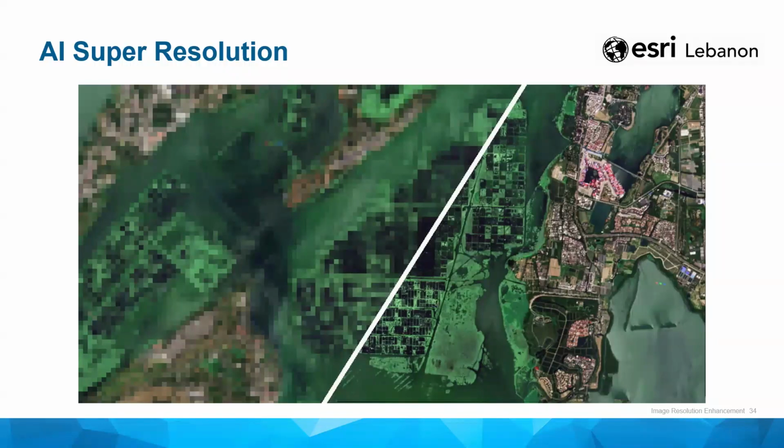On the right is the output from an AI super resolution model trained on high quality images. It takes that same blurry input and predicts a sharper, more detailed version. So roads, buildings, shorelines, and land use patterns become much clearer without us having to acquire new high resolution imagery. As I said, this is an exaggerated image. It doesn't do exactly that, just a little bit of enhancement.